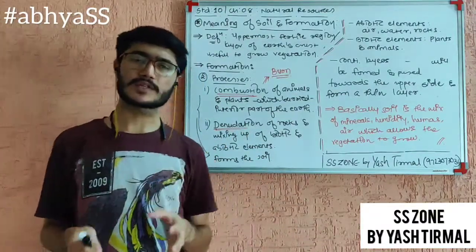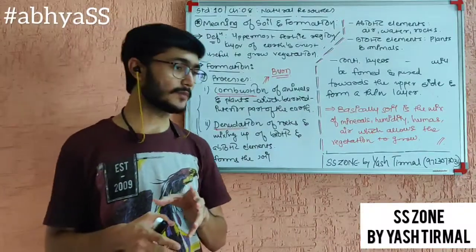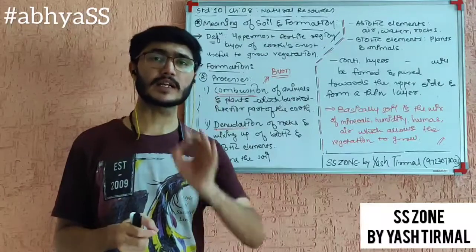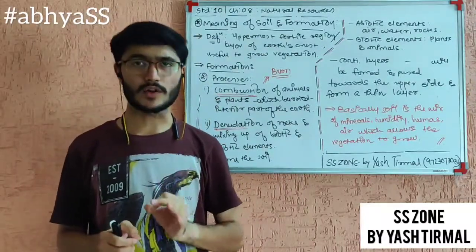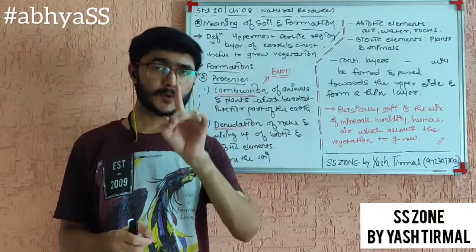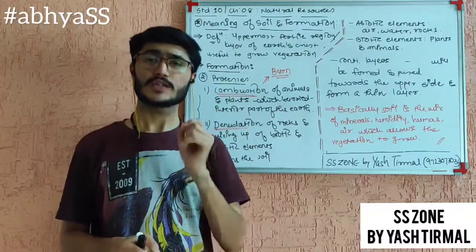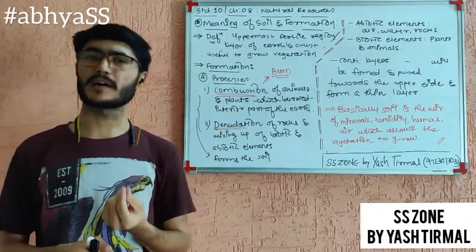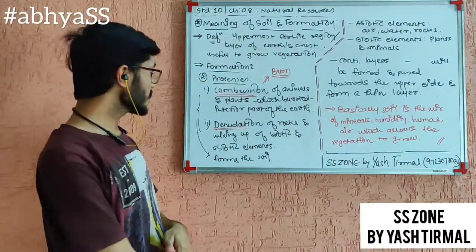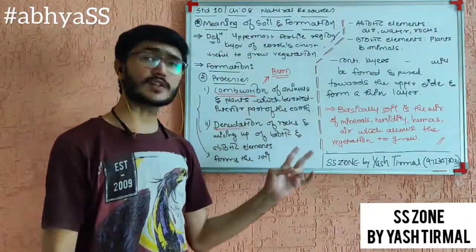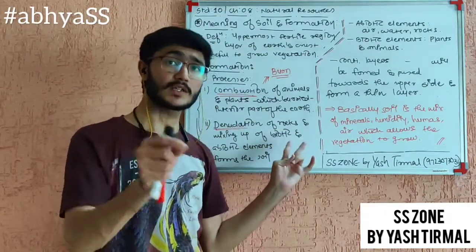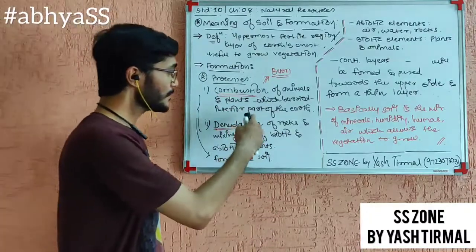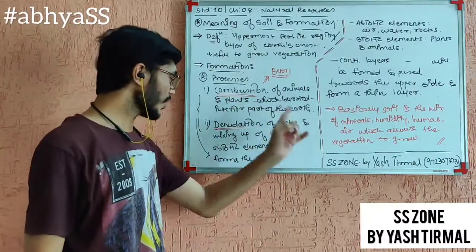The second process is denudation. So I'll explain first. Denudation is the process of the weathering of rocks, so that the rock will be split into very small and fine particles. To be more precise, it is the denudation of the parental rocks on which the soil lies.